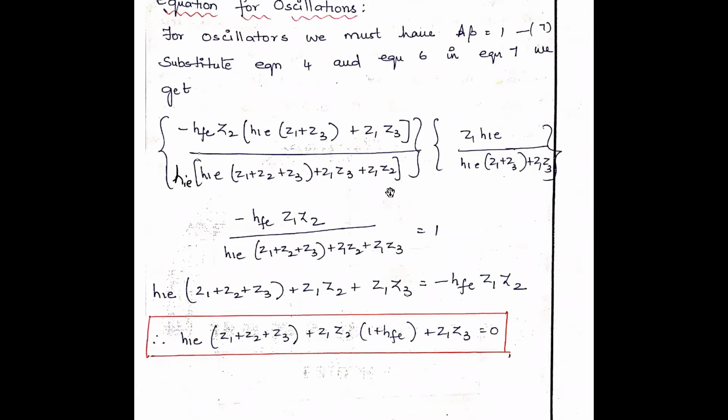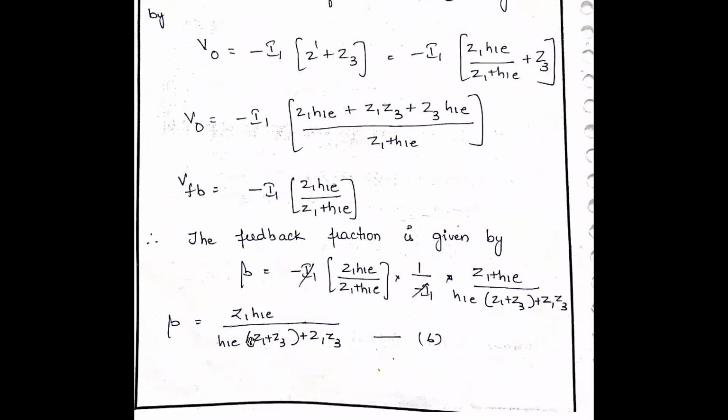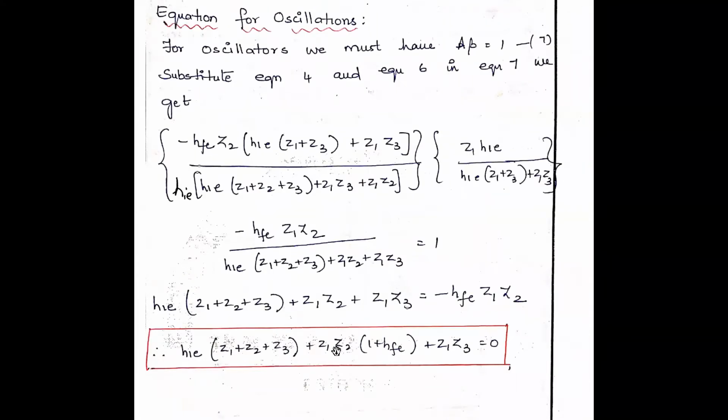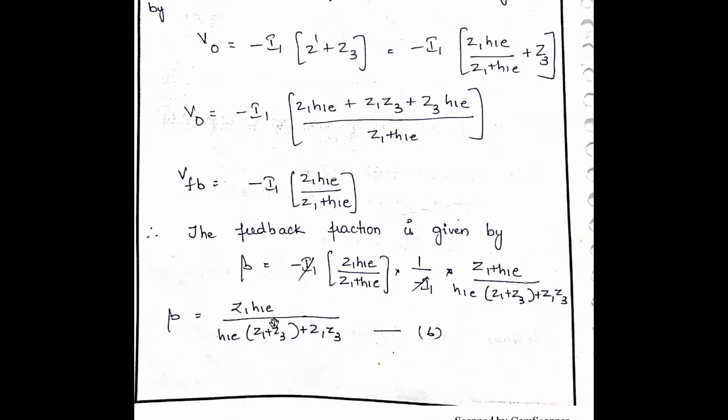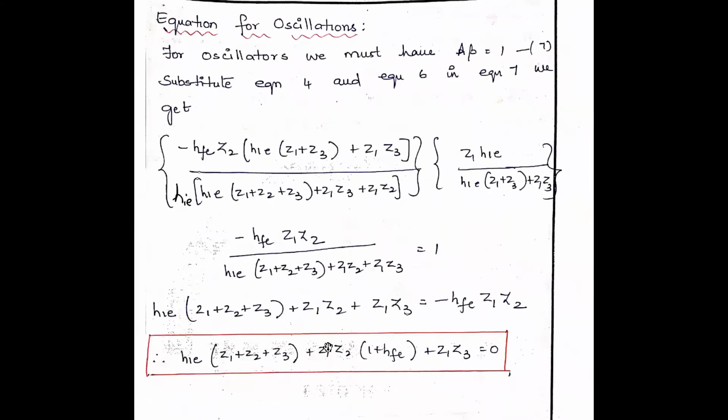This is A. Beta, just now we got, Z1 HIE by HIE into Z1 plus Z3 plus Z1 Z3. So this is beta, okay. A already we wrote, beta we are writing, and we have to equate it to 1, A beta equal to 1. This is the condition for sustained oscillations, isn't it? A beta equal to 1.